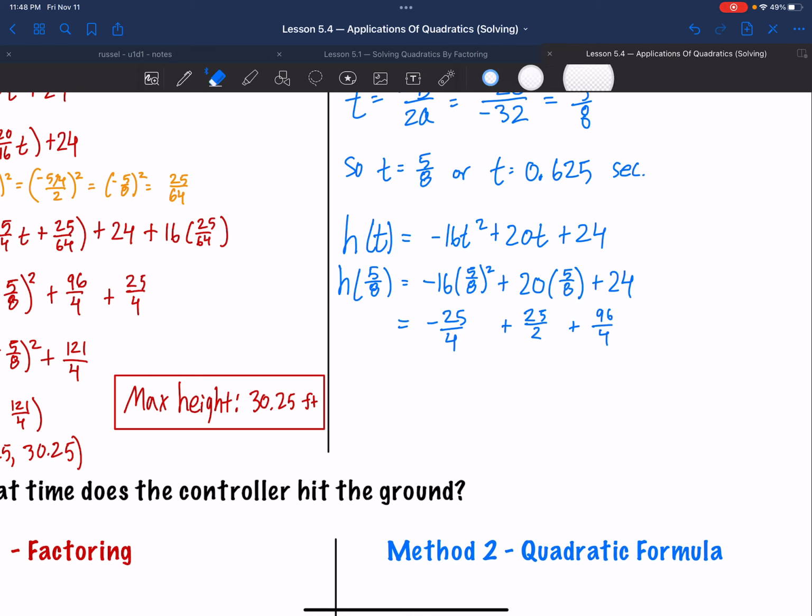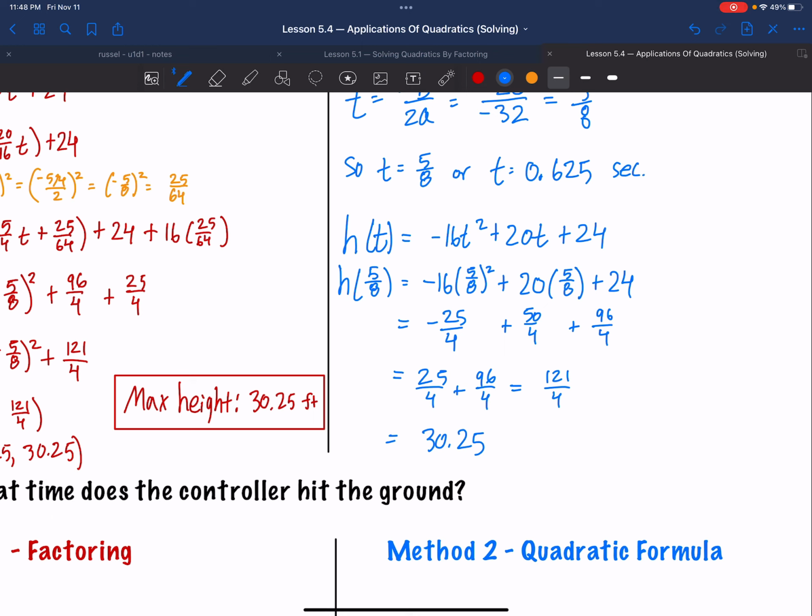And that's like 50 halves, 50 fourths. All right. So this is 25 fourths plus 96 fourths, which equals 121 fourths. Did it. Got it. Equals 30.25.